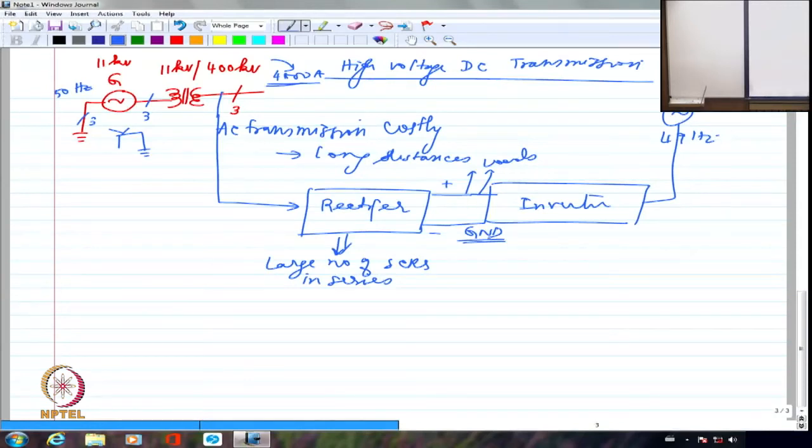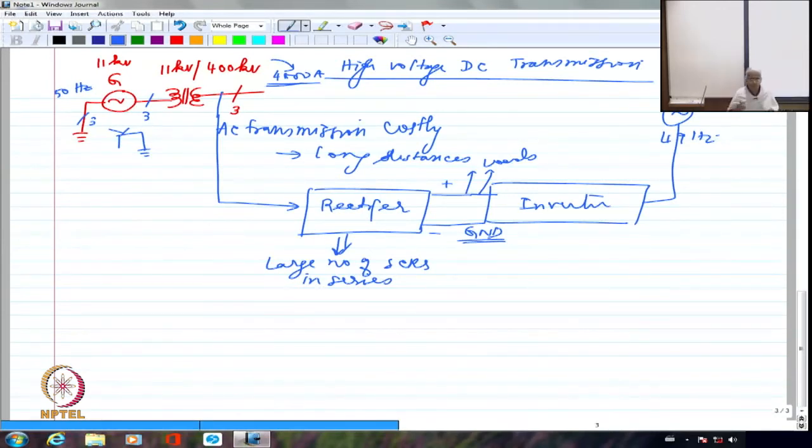So most of the time what we see in an HVDC transmission system is series connected SCRs. Hardly ever do we see parallel connected SCRs. So we'll have a rectifier. For every device in the rectifier, there will be a string of SCRs, many of them connected in series, of course, with parallel resistances and a protection system.